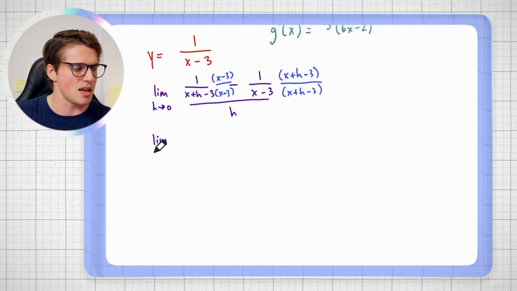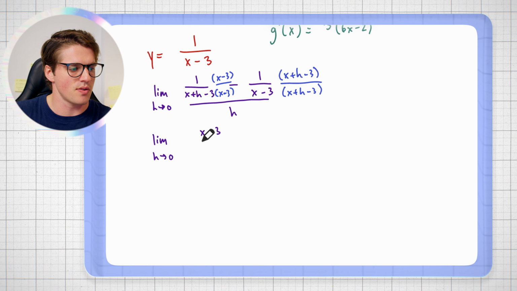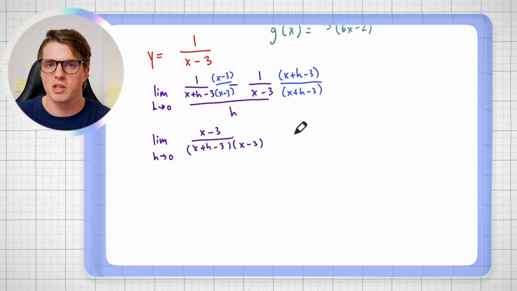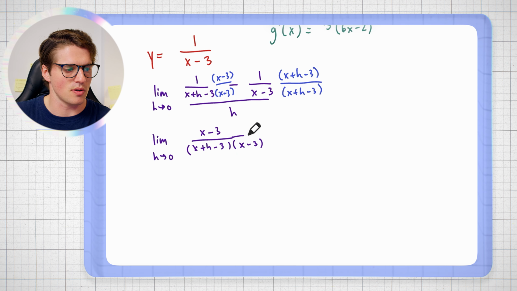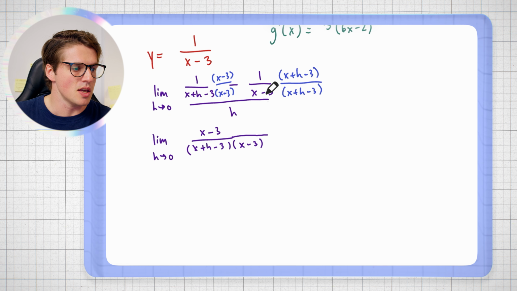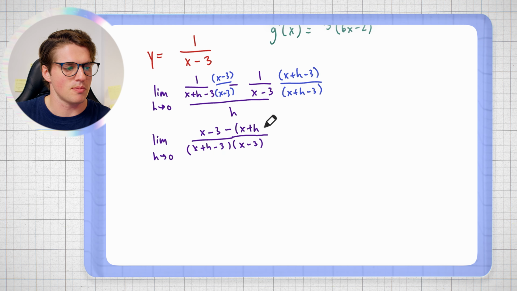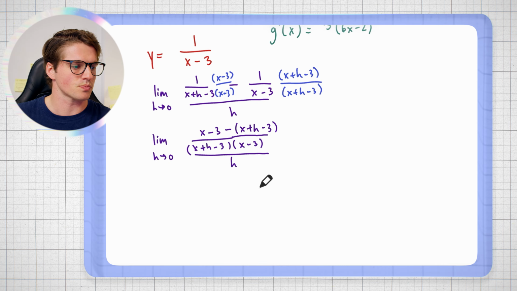So the limit as h goes to 0, we'd have x minus 3 over x plus h minus 3 times x minus 3. And that denominator will be the same for the second fraction, so we don't need to write it again. Minus x plus h minus 3, all over h.